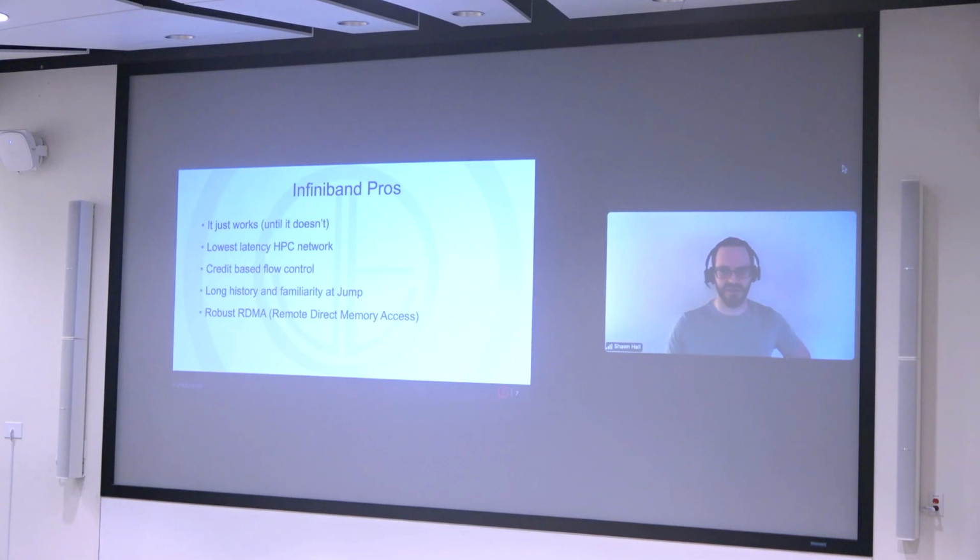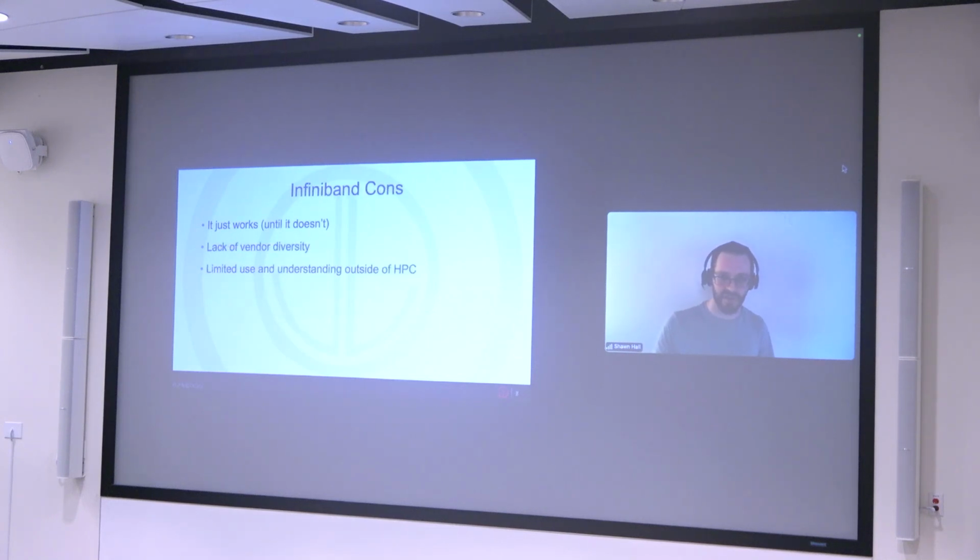So what do we like about InfiniBand? Well, it just works until it doesn't. It's one of the lowest latency HPC networks you can get out there. Has a nice credit-based flow control mechanism. There's a lot of history at Jump with InfiniBand, and RDMA is quite nice for us as well. Cons are that it just works well until it doesn't, and there is a lack of diversity.